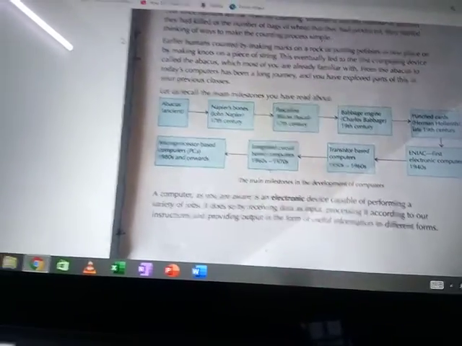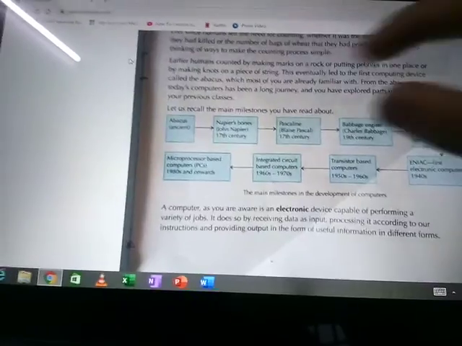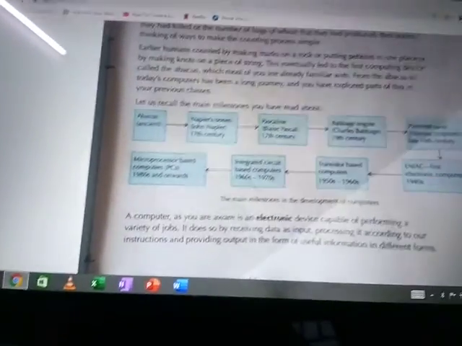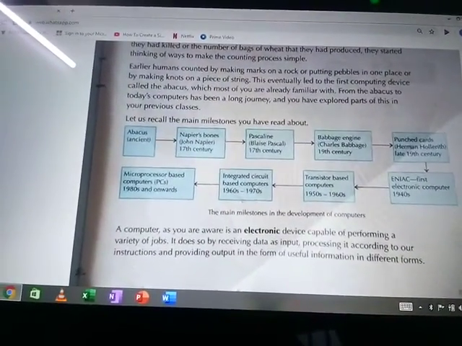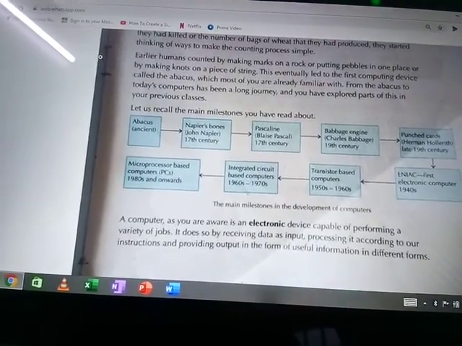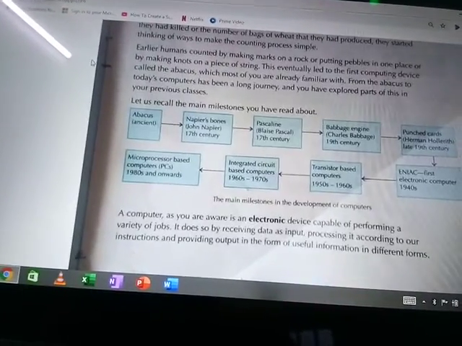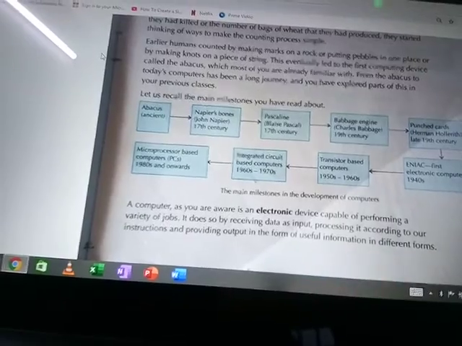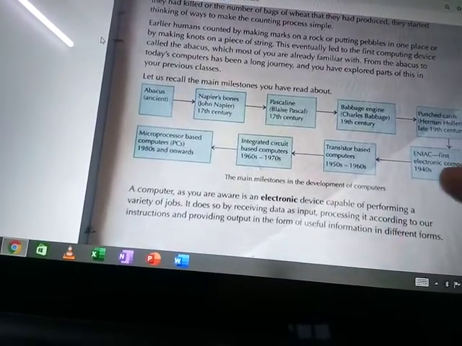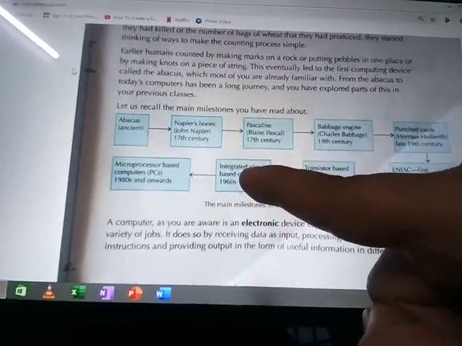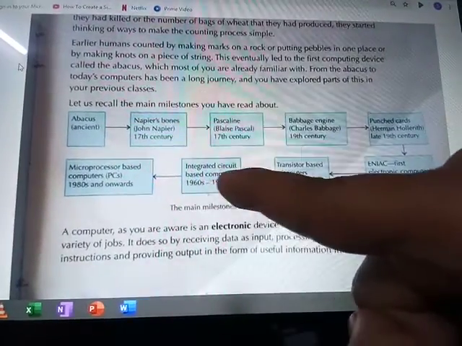Then John Napier invented Napier's bones. That is also a counting device. Then comes Pascaline. Then Babbage, the father of the computer, invented the difference engine. Then punch cards came into the world, and then ENIAC. Then the transistor. Then integrated circuits came in the 1960s and 70s.